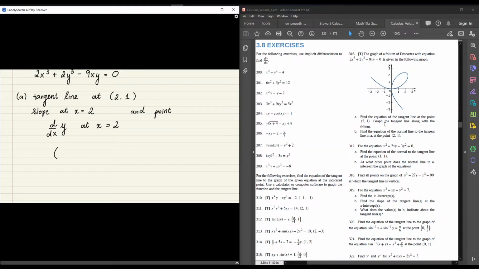Well, let's start with the equation that they provide us: 2x cubed plus 2y cubed minus 9xy equals 0. I would like to differentiate both sides of this equation.